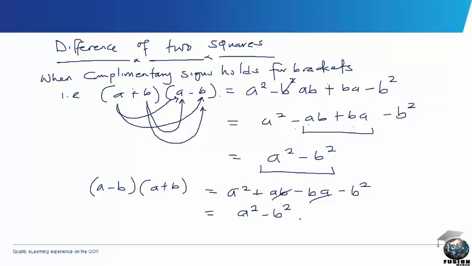So wherever the sign lies does not really matter. As you can see, in the first example the positive sign lies with the first bracket, but in the second example the negative sign lies with the first bracket.